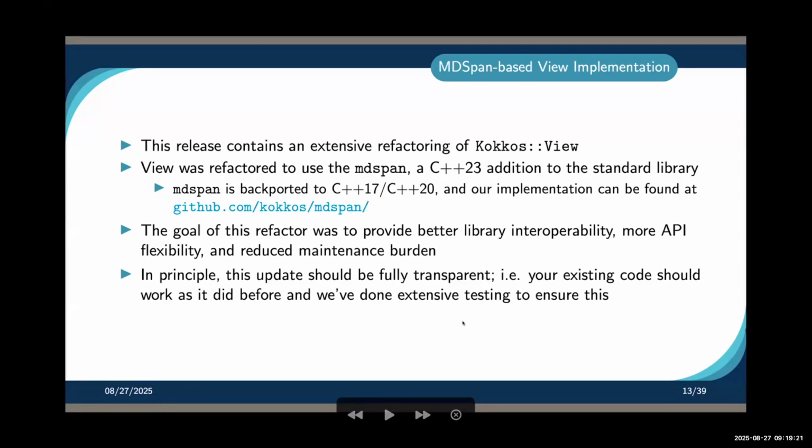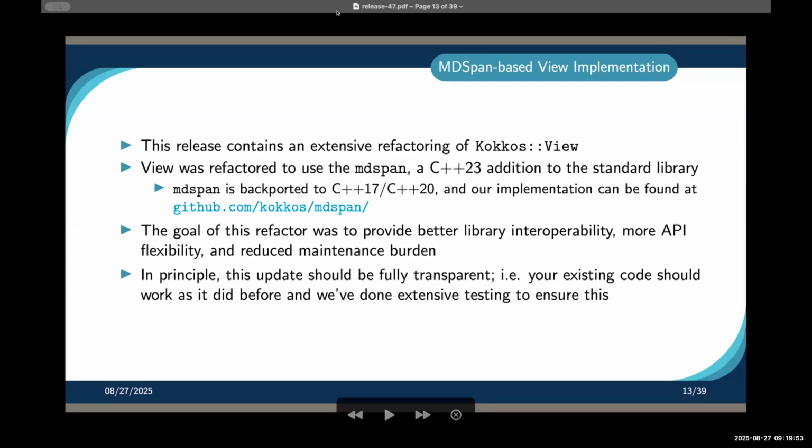As part of this effort, we've backported mdspan to C++17 and C++20 so that you can use it on both the 4.7 release and also in the future with the 5.x release series. You can find the source code for our mdspan implementation under the Kokkos organization. I put the link there. The main goal of this refactor was to provide better library interoperability, more API flexibility, and reduced maintenance burden.